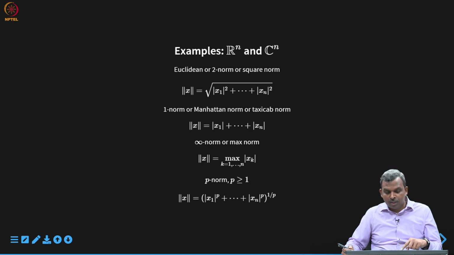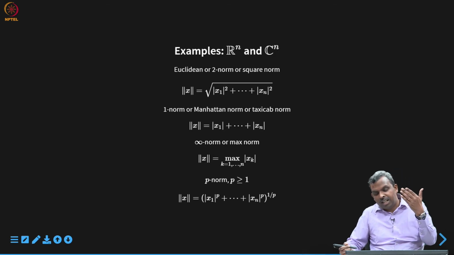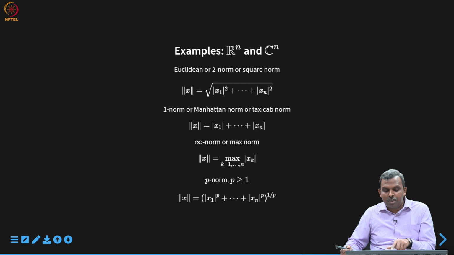So you can see why each of these is the same, and the infinity norm you may not be able to quickly see, but the infinity norm will give you the max, right? Because as p becomes larger and larger, when p goes very large, only the maximum absolute value is going to matter, everything else will get decimated, and then since anyway you are doing a 1 by p, that will sort of cancel and you will get the max. So infinity goes to this.